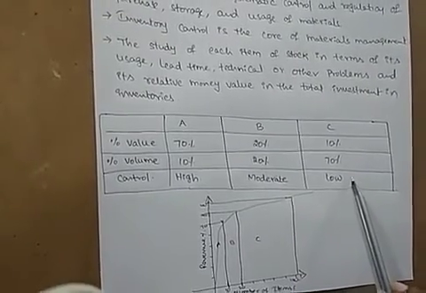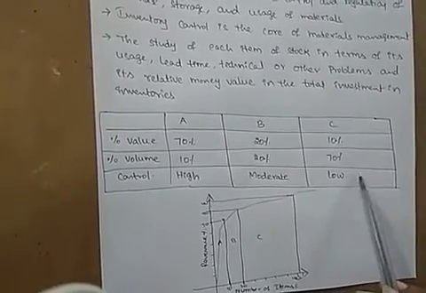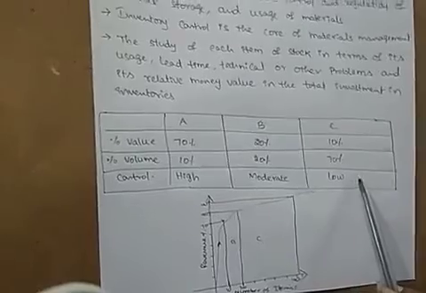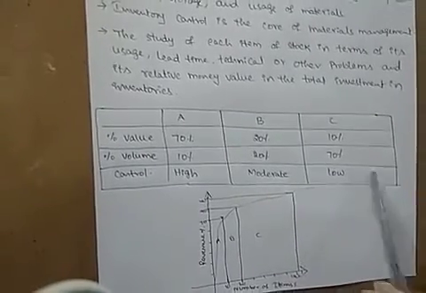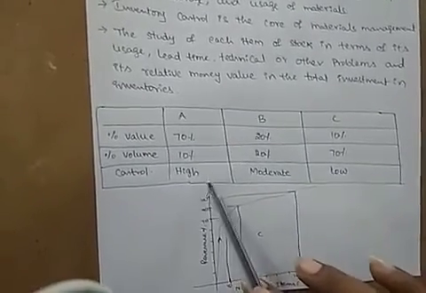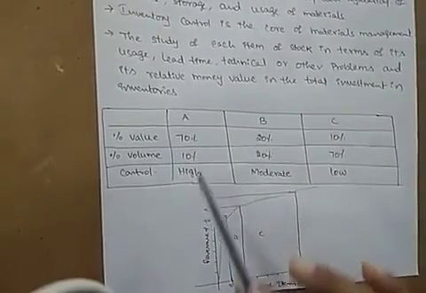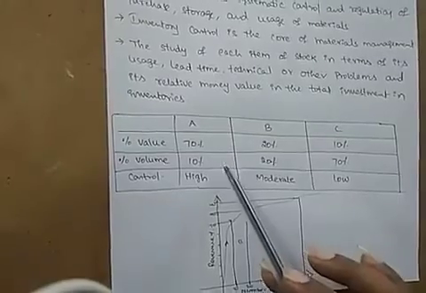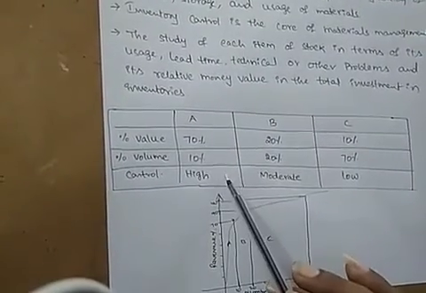There is no need to invest more funds in supervision or control for this category. Limited control is required here, but strict control is required for the A category of items. Why? Because we invest a huge amount and receive a low quantity, so there is a need for high security against theft.